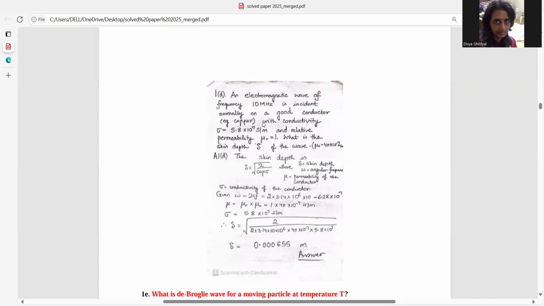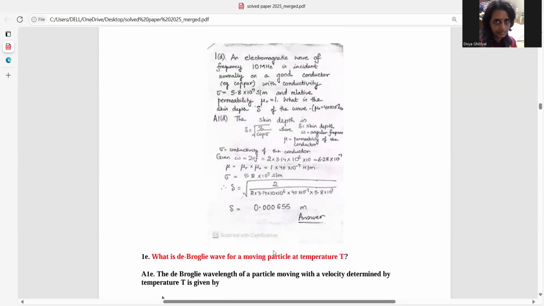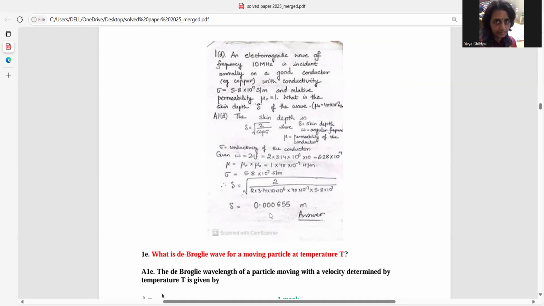Here mu r is equal to 1, and mu naught is 4 pi into 10 to the power of minus 7. Keeping these values, the skin depth comes out as delta equals 0.000655 meter. For these 2 marks, 1 mark you can easily fetch for the formula, and the other 1 mark for the correct answer.